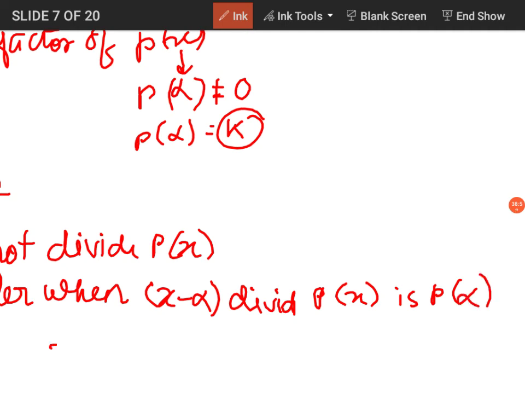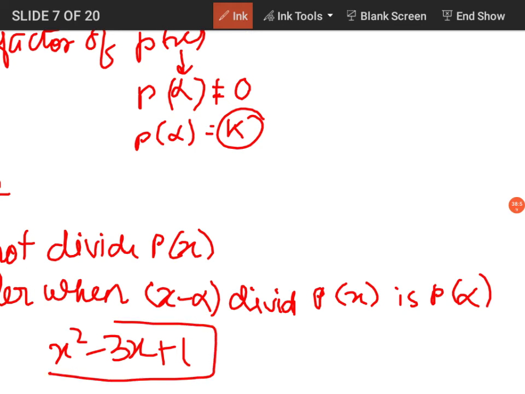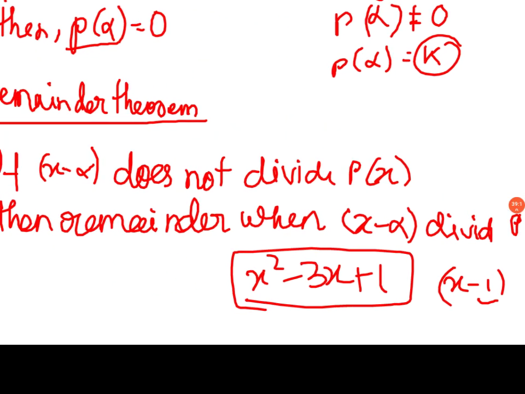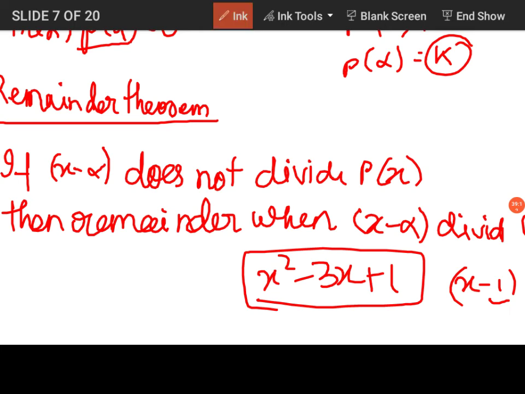For example, x square minus 3x plus 1, if asked to find the remainder when this polynomial is divided by x minus 1, what will you do here? Alpha is again 1, so you replace x with 1.